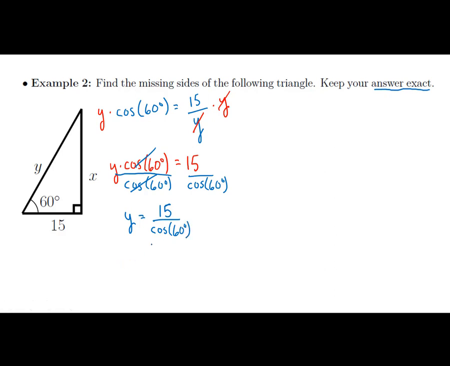So to get the cosine of 60 degrees, though, which we can do, we just need to recall that first quadrant on the unit circle, or use your left hand trick if you'd like, and that should remind you that the cosine of 60 degrees is 1/2. So this is 15 over 1/2, which of course we won't leave that way. This is 15 times the reciprocal 2 over 1. So that gives me 30. All right. So we know that the y value is exactly 30 here.